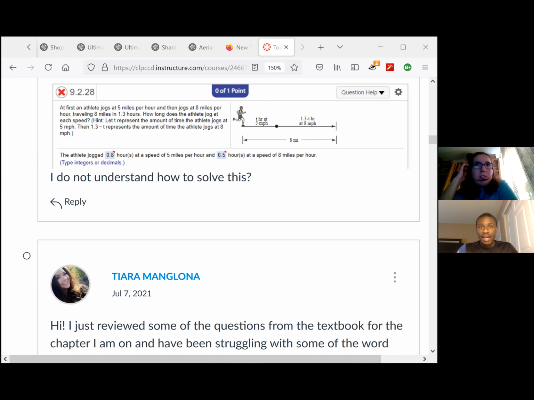And we are told they take T hours when they jogged at 5 mph, and then the remaining time, 1.3 minus T, because the total time taken was 1.3 hours, correct? Okay, that makes sense.